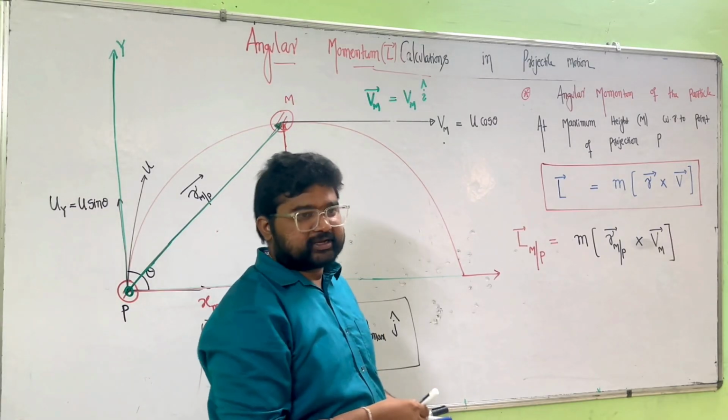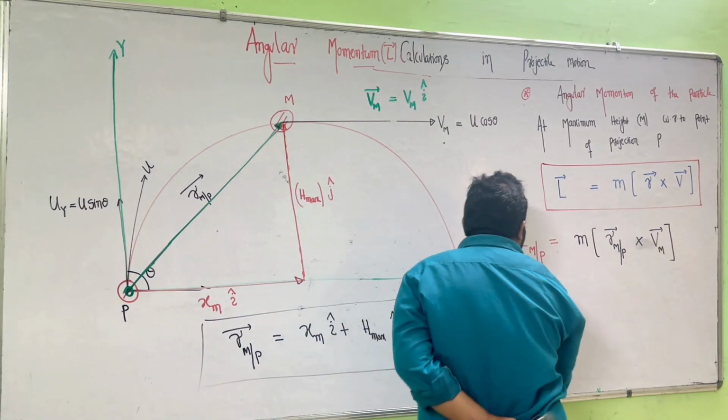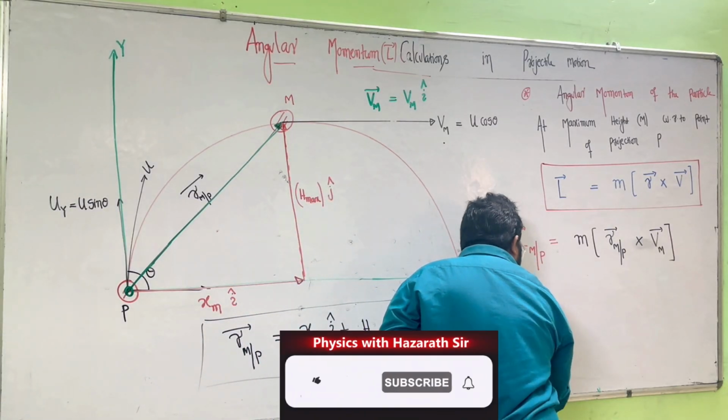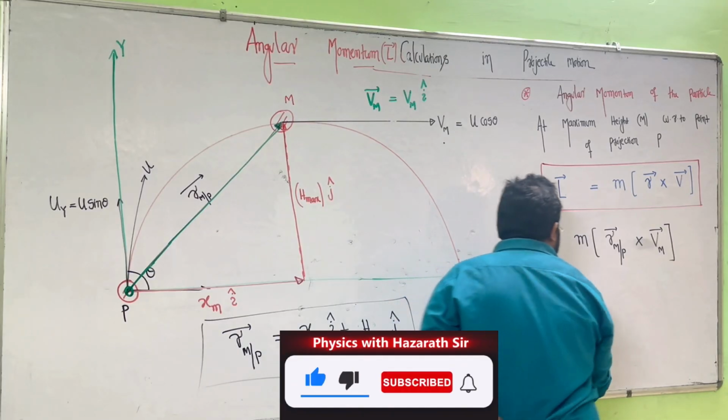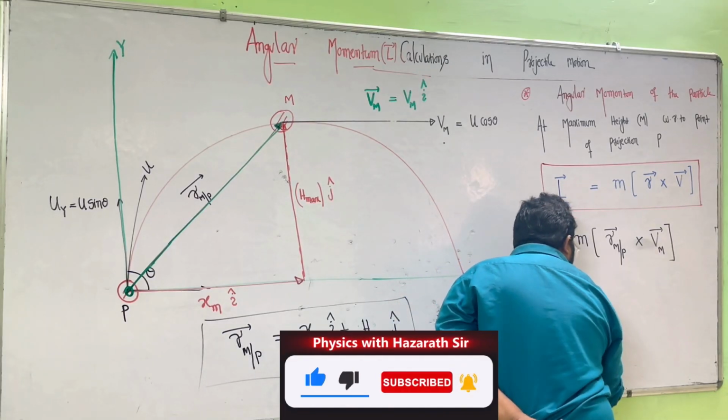I cap. Clear? Position angular momentum of the particle at maximum height with respect to point of projection, m into how much?